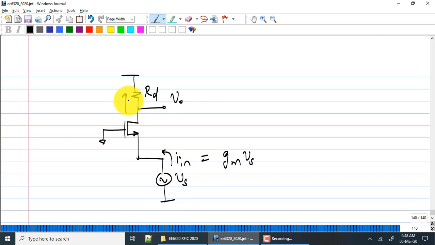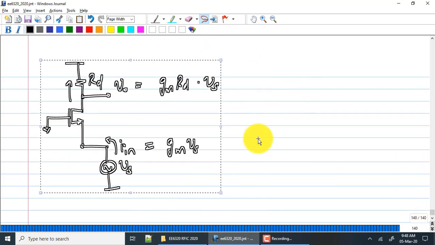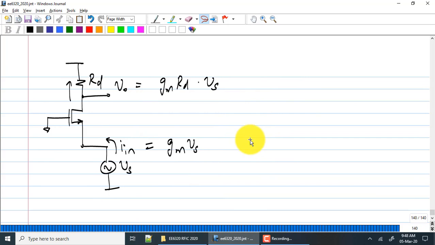Okay, now this is called a regular common gate amplifier. You can use this as a cascode for your regular common source also. Now, for this common gate structure, there exists a variant called the gain boosted structure.